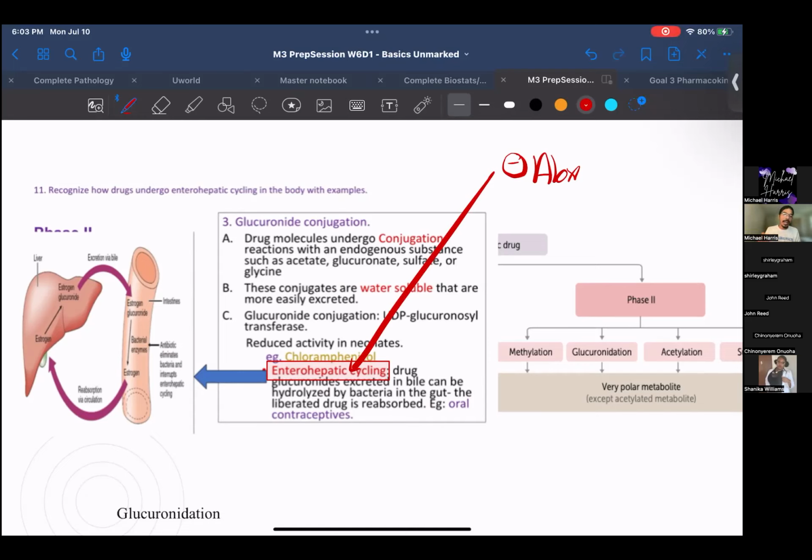Because let's say you take an antibiotic and now you decrease reabsorption of the drug via the enterohepatic cycling. Are you now under-treating or overdosing?